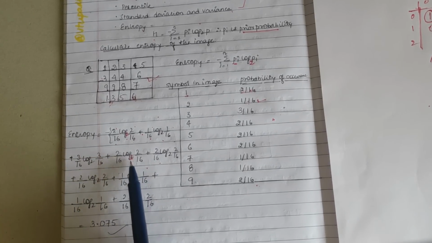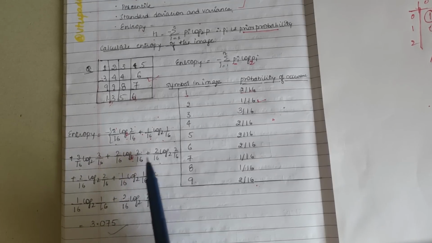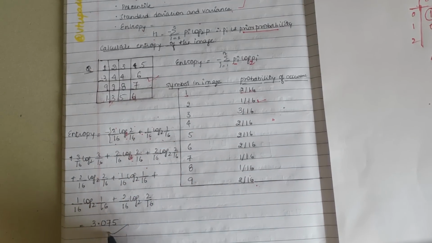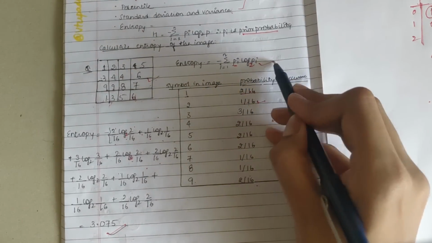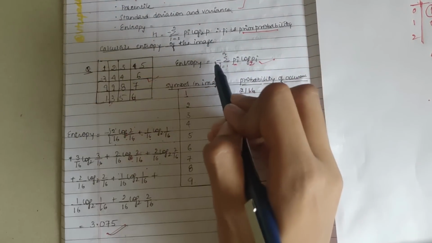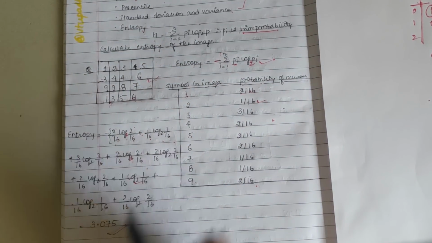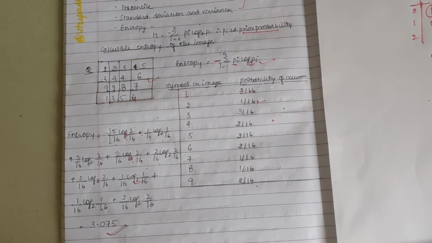Guys, please remember this has to be log base 2. Keep on adding these. Once you add them, you will get the resultant answer as 3.075. So just remember this formula, and remember you have a minus sign outside the bracket, and remember to use log base 2 in the calculator while solving it. So let's move forward.